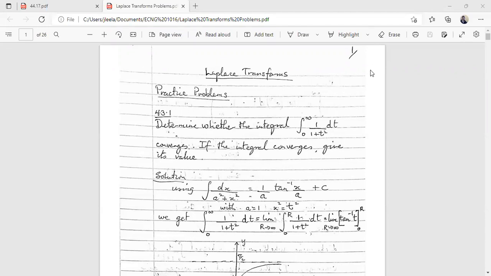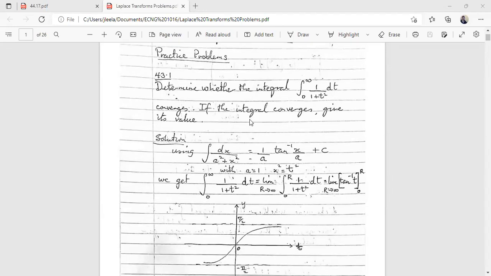So as I said before, in order for an integral to converge, the integral must have a finite value, right? Once the integral gives you infinity, it means that the integral will diverge. So we check in here now. This function here is of this form, dx over a squared plus x squared, where a is basically a constant, right?